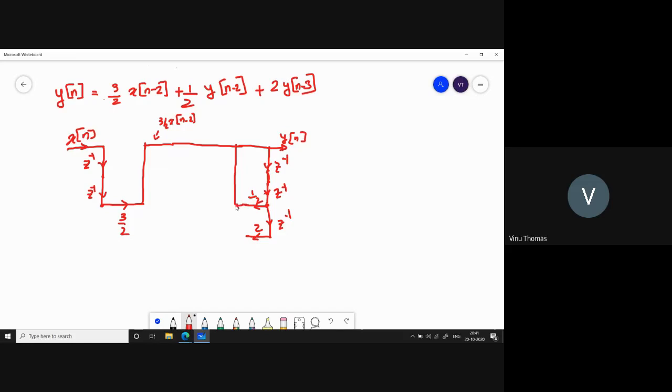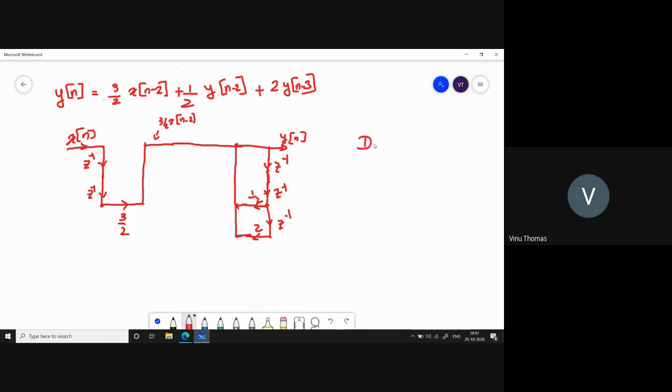If you add this, if you look only at this part, what we will have is y(n) plus 1 by 2 y(n minus 2) plus 2 y(n minus 3). So this is your direct form 1 implementation.